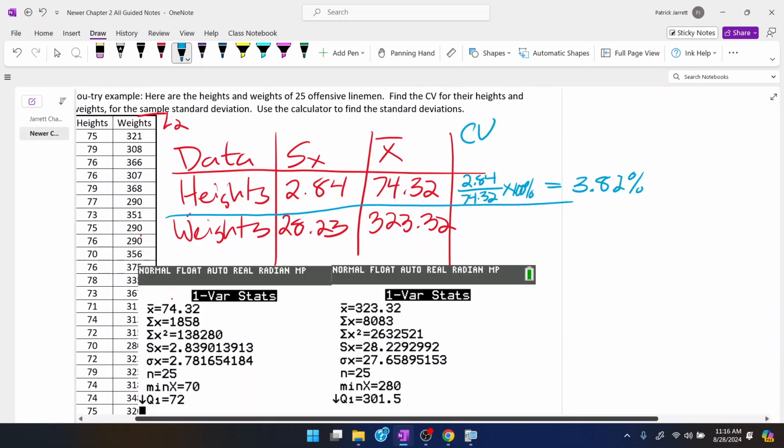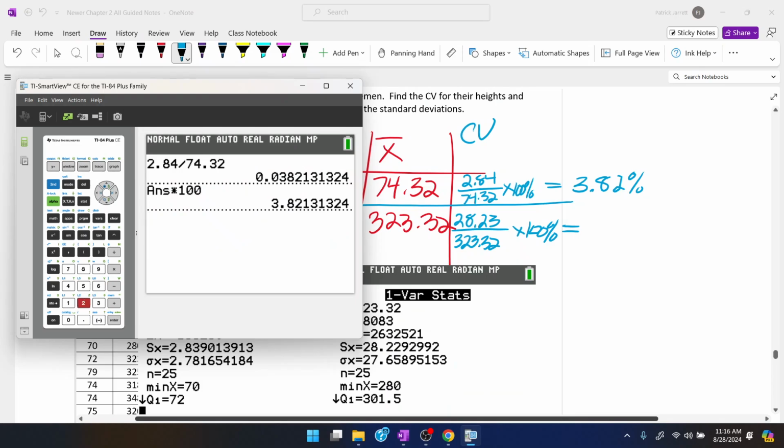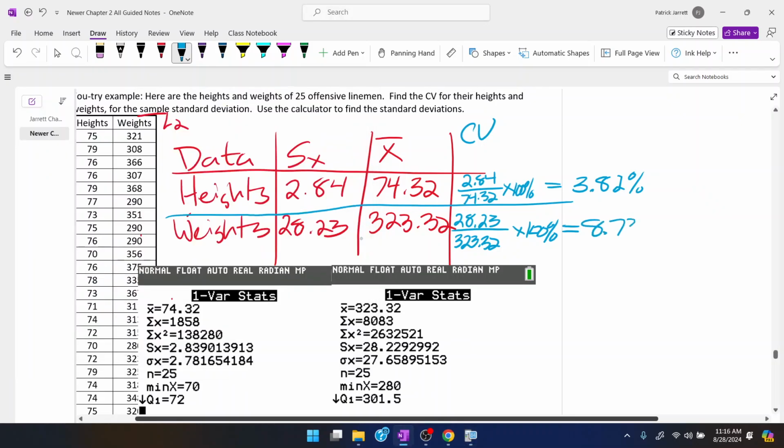Now, if we do the same thing for the weights, 28.23 divided by 323.32 times 100%, we see that in this event, it's 8.73%.